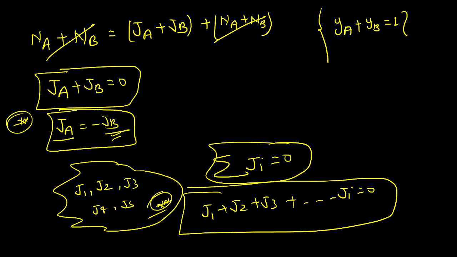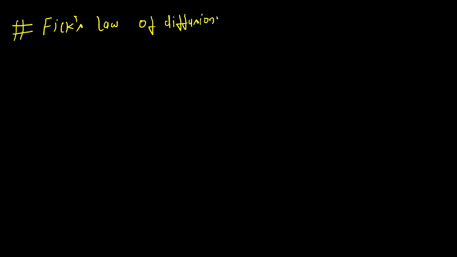So now I will move forward to a very important concept of diffusion, and that is Fick's law of diffusion, right? Since in this topic we are studying diffusion, it is a very important and fundamental law that we need to understand.